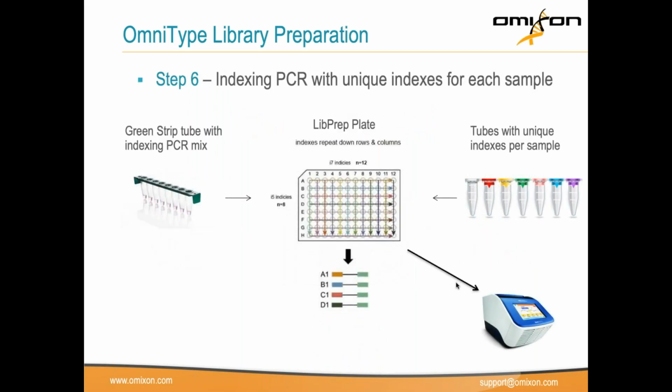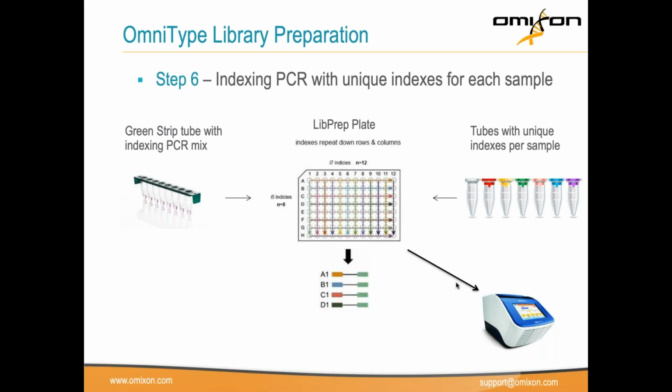So step 6 is the indexing PCR with the unique indices for each sample. Currently, for the early access program, we still use the individual index tubes that customers essentially have to mix and match, deciding which tube to use for what sample. However, this is going to be changing in the future, and this will be provided in the RUO released version.